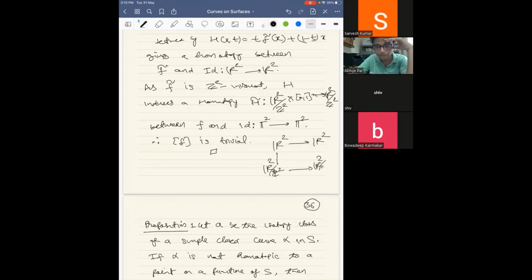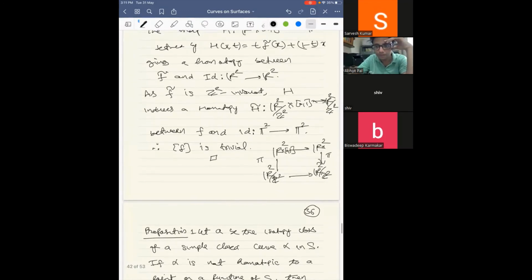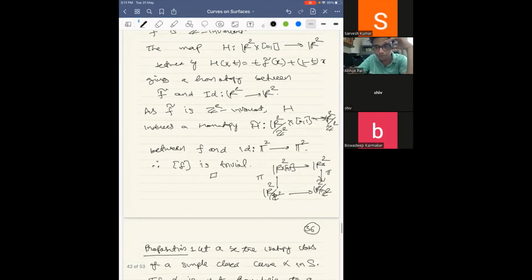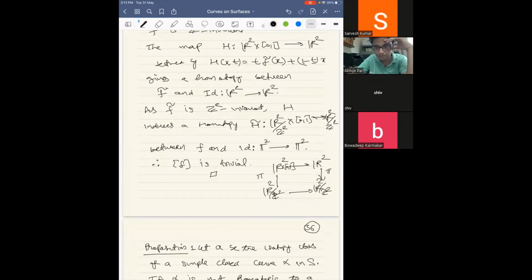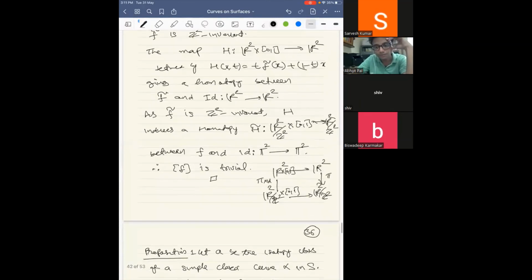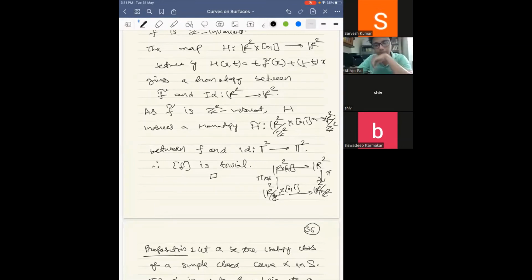Let us call it R² cross I to R². So the homotopy you have gives a map from R² cross I to R², which should descend to a map on the quotient. Let me call the map π cross identity, where π is the canonical projection. Let me call the homotopy H, and let us call the induced one H tilde.